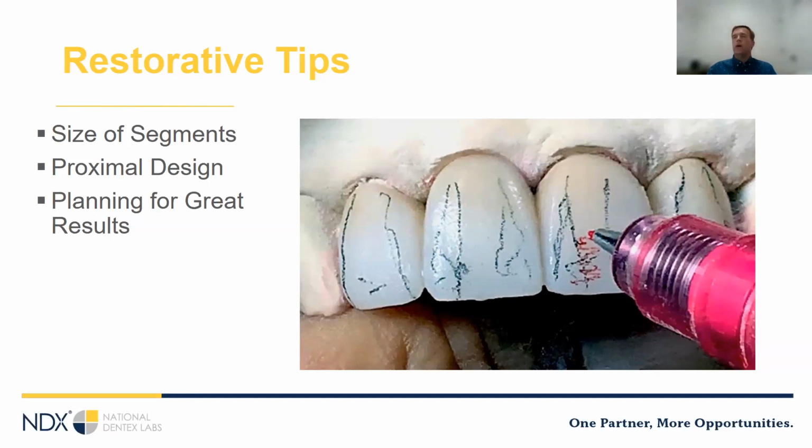But what I think we'll find is that it makes the restorative step almost automatic. Because at that point, it's just like you and your laboratory just say, okay, we got a plan, let's just implement it. And I mean, that's not perfectly easy, but it's easy to evaluate. You can look at the two models and say, is it the same? Is it not? So by spending the extra time at the front end on this planning, it really gives you the ability to make your restorative process much more predictable.